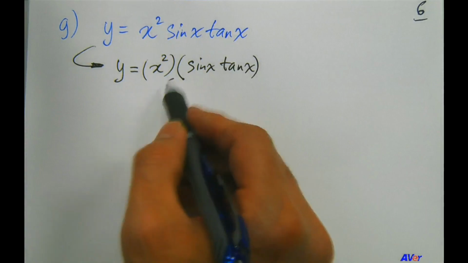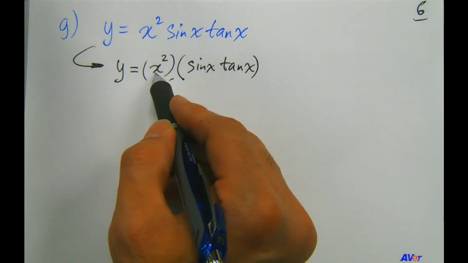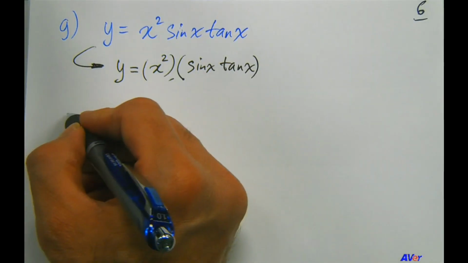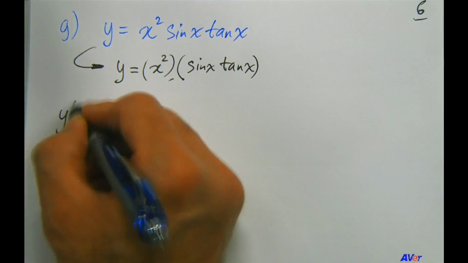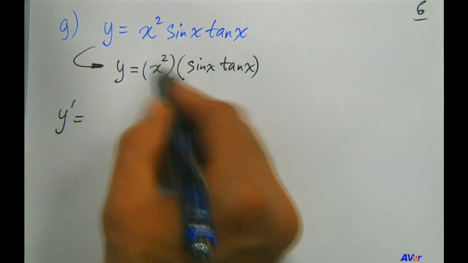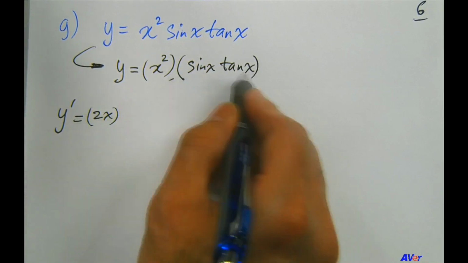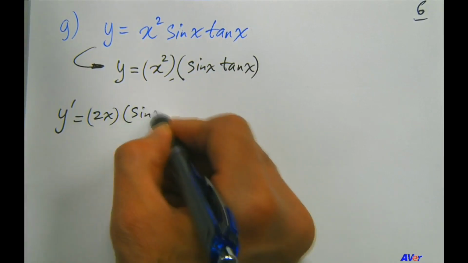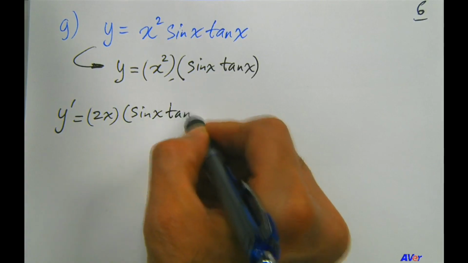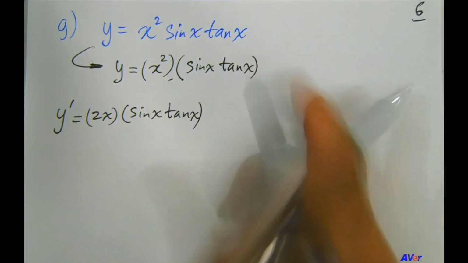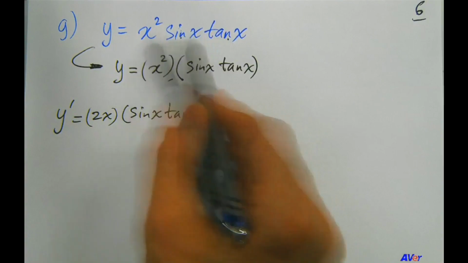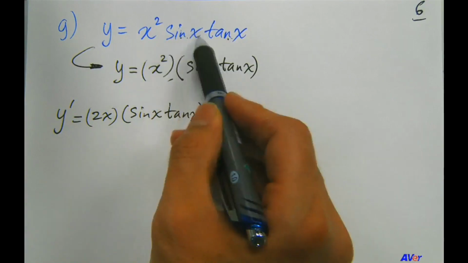We can simply take the derivative of the first one. Well, let's do it, right? So we have y prime, take the derivative of this, which is 2x, multiply it by all of that. Because if you think of this as three different functions, it would be confusing.